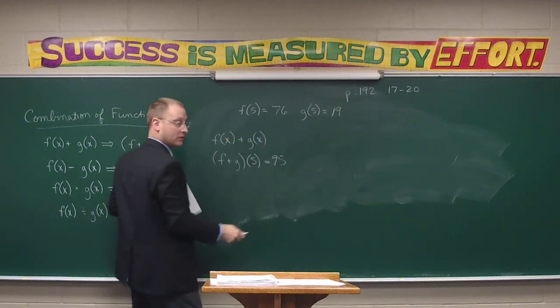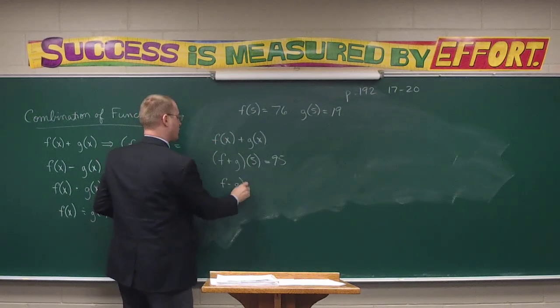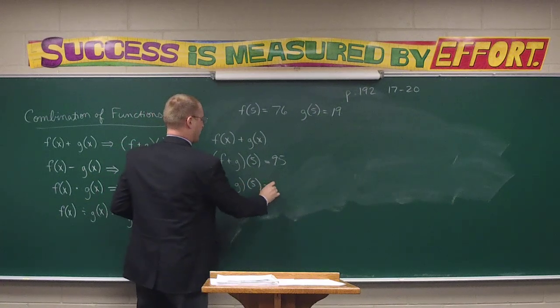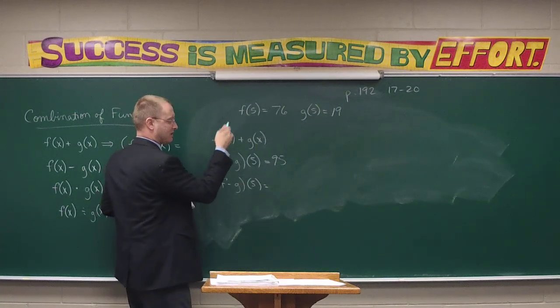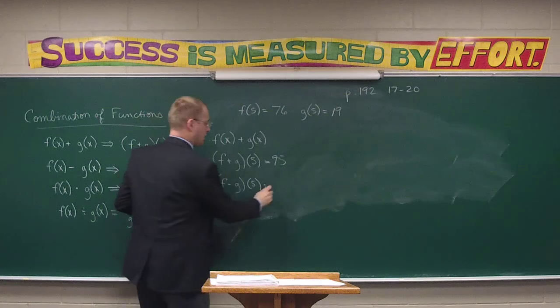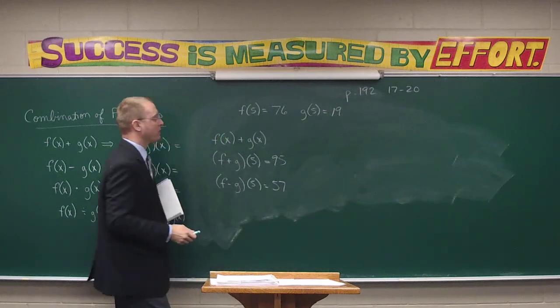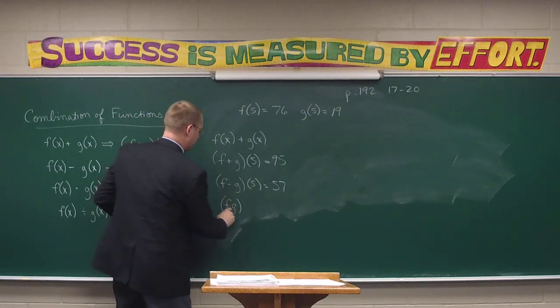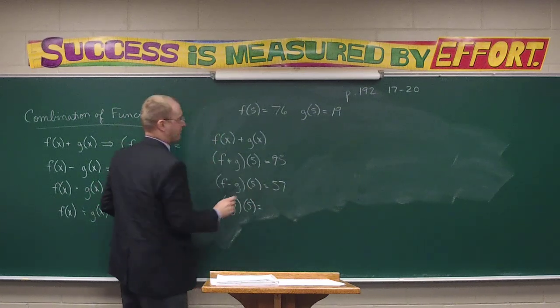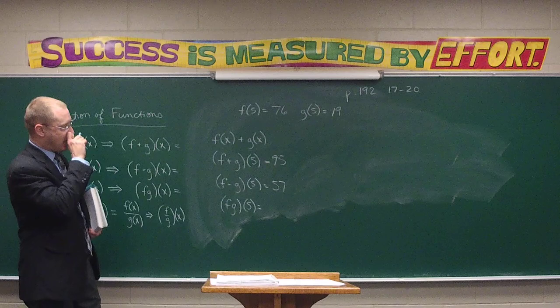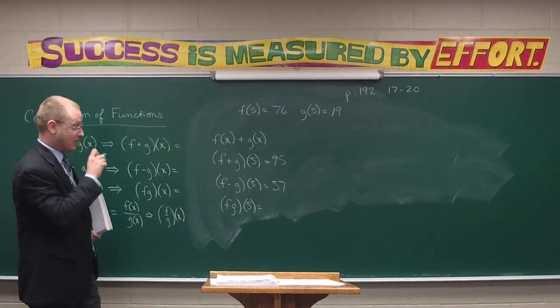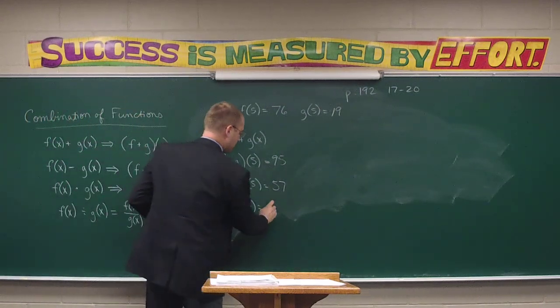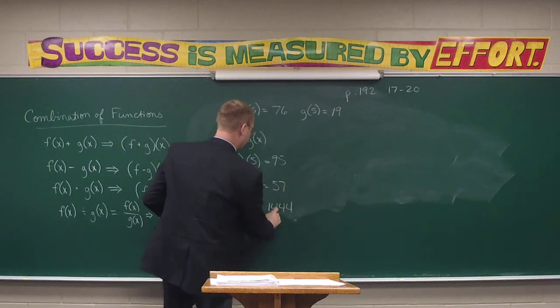95. We're done. Then it said to evaluate f minus g of 5. Well, 76 minus 19, 57, careful. And it said evaluate fg of 5. Well, this is where we want the calculator. And 76 times 19 gives us 1444. Big number.